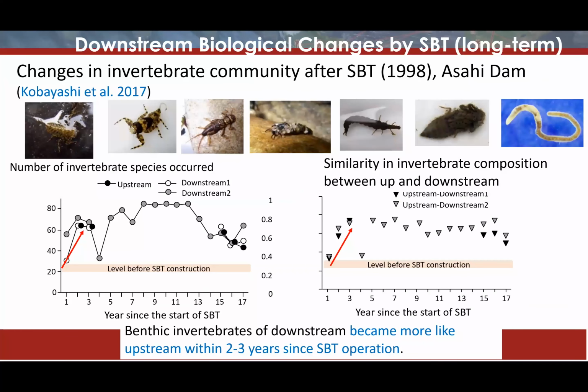Of course, the river ecosystem has also been improved, and the invertebrate community has changed, because some of the species exist in the reservoir. The dam stops moving such species, so we cannot see them in the downstream area. But with this sediment bypass tunnel and the sluicing, some benthic invertebrates downstream become more like upstream within 2-3 years since the SBT operation has been started.